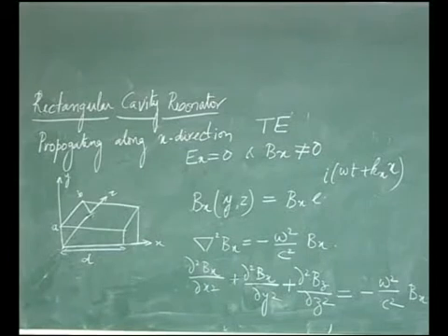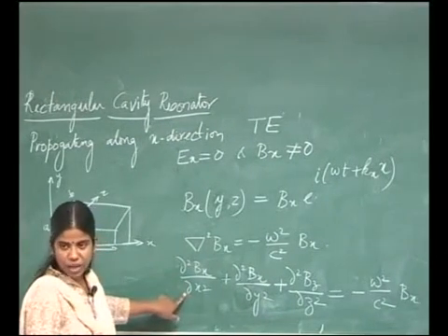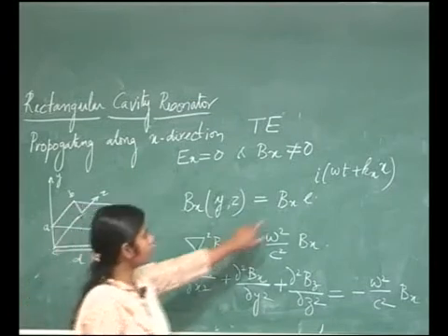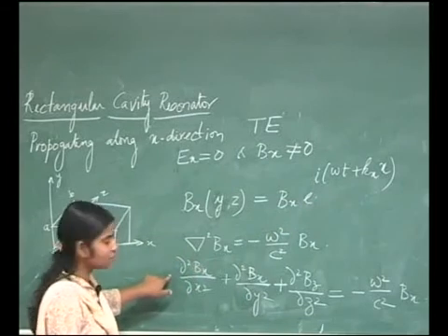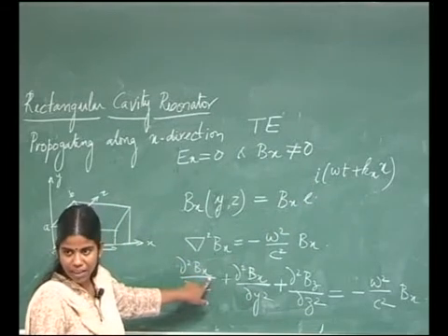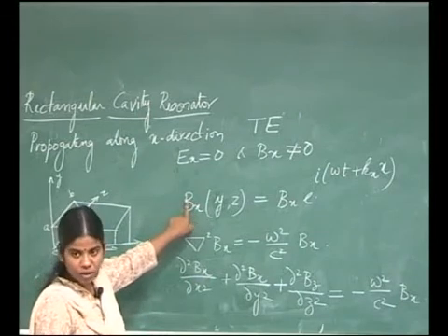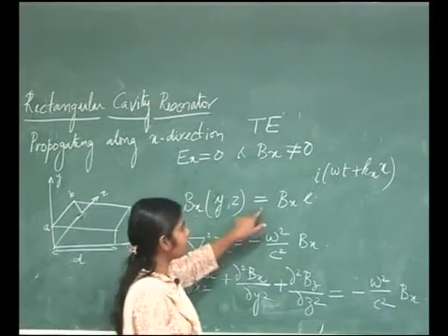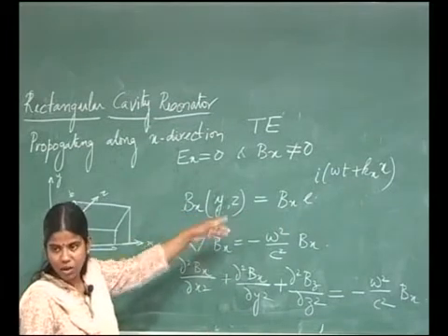Okay. Now this del square by del x square is minus kx square. From here, this term would be minus kx square Bx into yz. होगा कि नहीं? यहाँ से देखिए del 2B by del x square, what it would be? Bx yz minus k square Bx yz, because it is the x derivative.